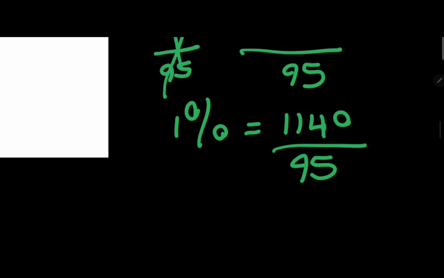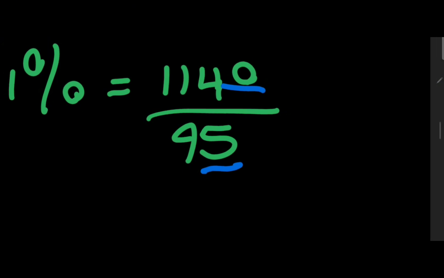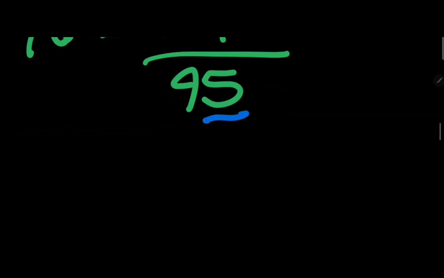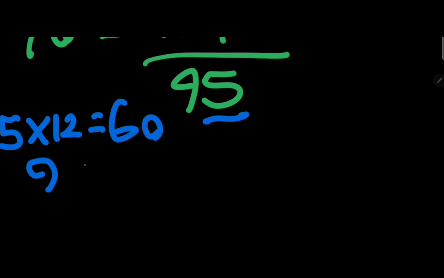So let's see. 5 can go into 95 how many times? And I know 5 can go into it because it ends with 5 and it ends with 0. Any number that ends with 5 or 0 is divisible by 5. So 5 multiplied by 12 is going to give me 60. 60 from 95 would give me 35.